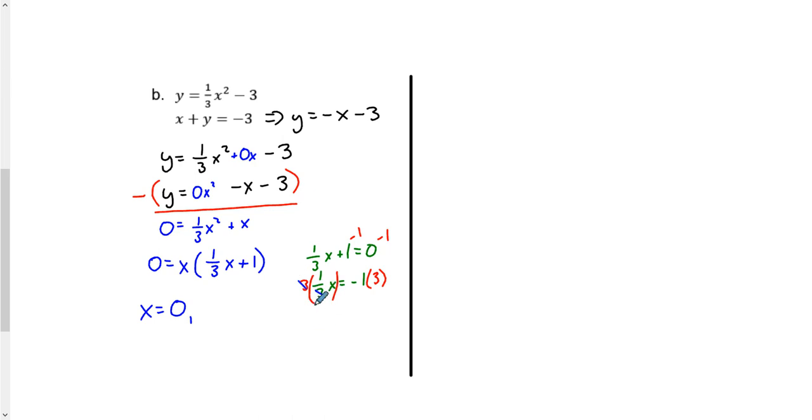No matter what, if we divided by 1/3, in order to divide fractions, we flip and multiply. So instead of dividing by 1/3, we would still be multiplying by 3. So x would be -3 in any situation.